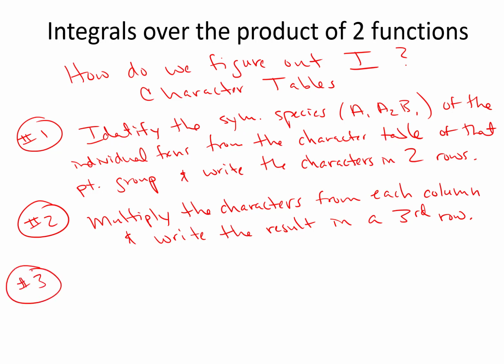Step number 3, you're supposed to just ask a very direct question. Does the row that you just produced, row number 3, match any other symmetry species?